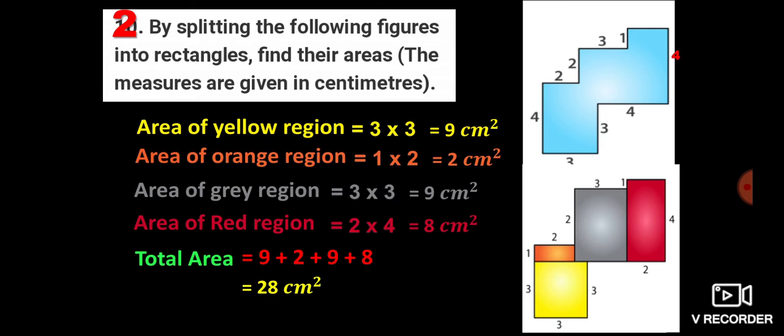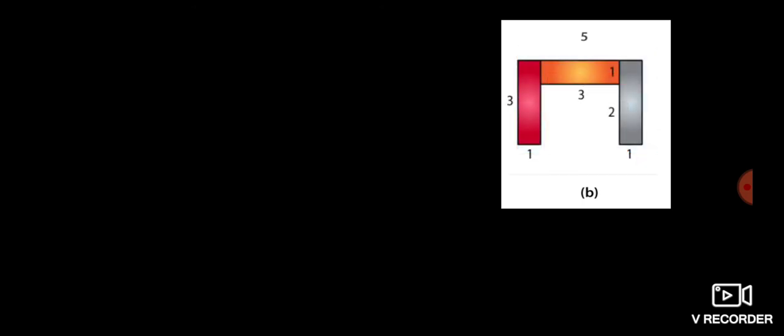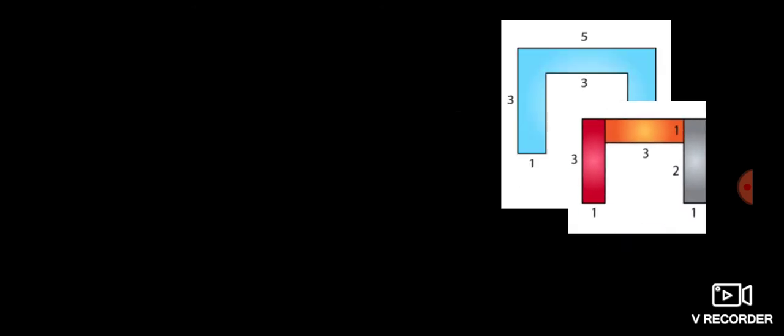Okay, next one more question in this session, B question. This is the given figure. Rectangle, rectangle, rectangle. We split this figure into this shape. You can see now 3 shapes. Rectangle, another rectangle, third rectangle. This is 3 centimeter and breadth 1.